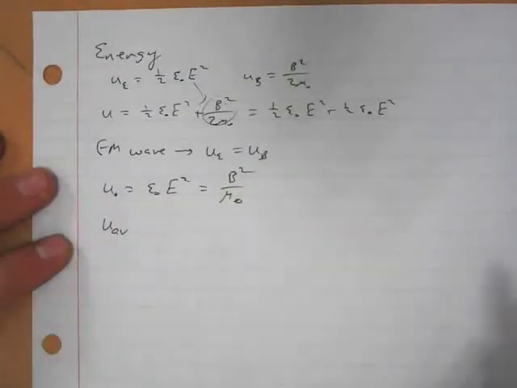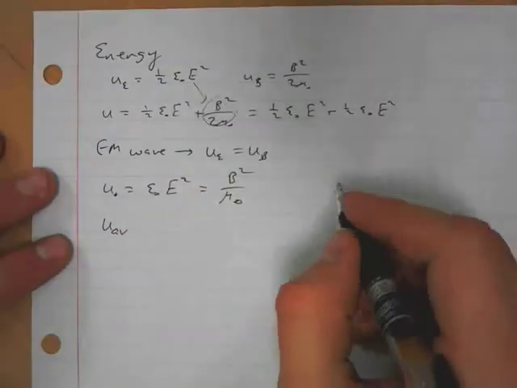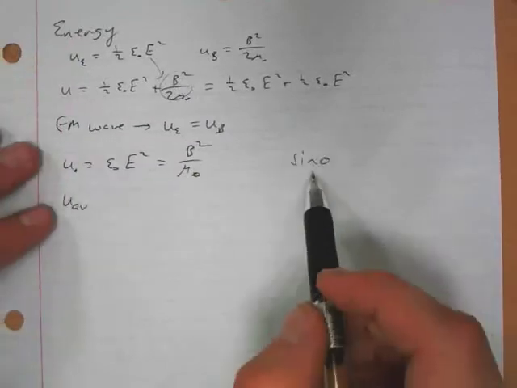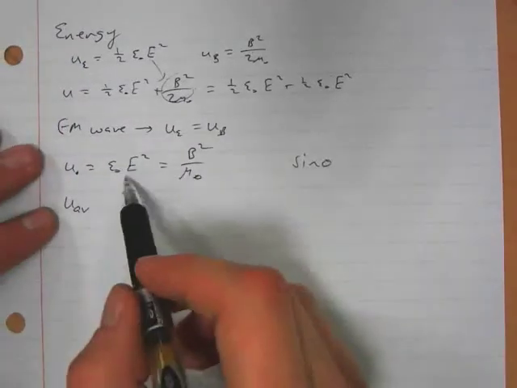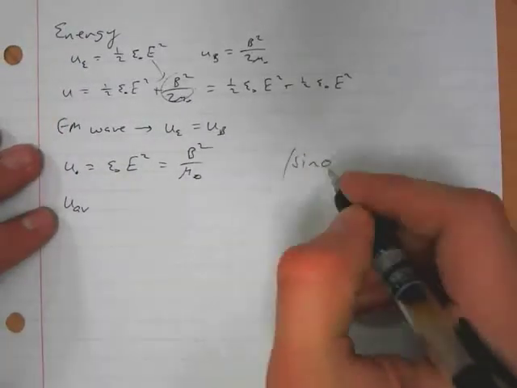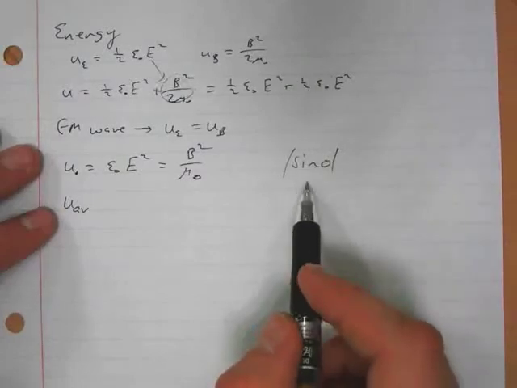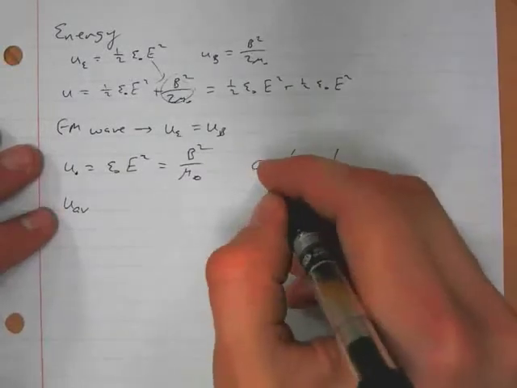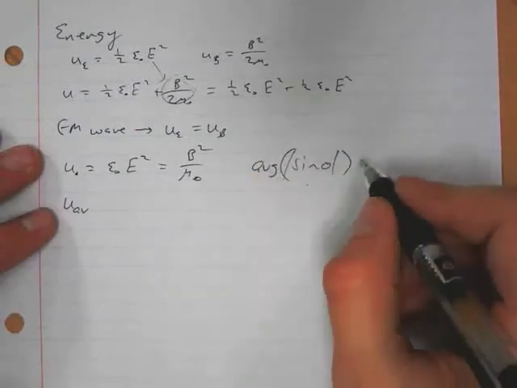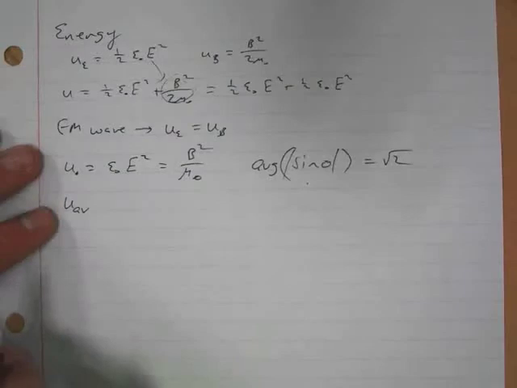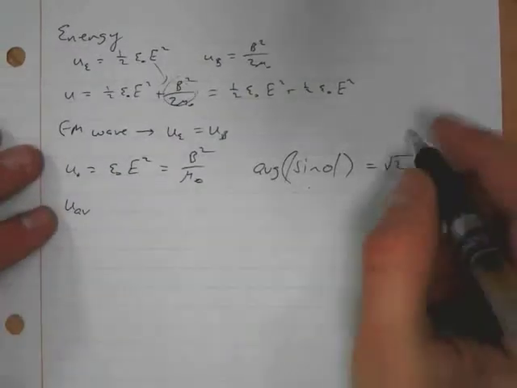And let's consider, if we had sine theta, we know the average value of sine theta is 0. But since we're dealing with the squared, we want to know the average value of the absolute value of sine theta. And the average value of the absolute value of sine theta, it turns out, is 1 over root 2.